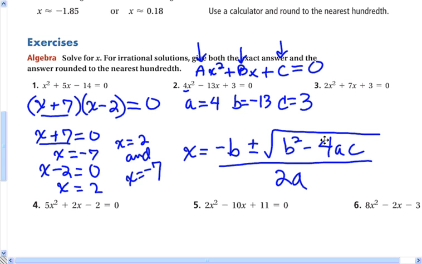Now all I need to do is substitute for b, negative 13. That'll make this positive 13, because when you take the opposite of a negative, you get a positive. And I need to put negative 13 in here, squared. And I need to put 4 for the a and 3 for the c.